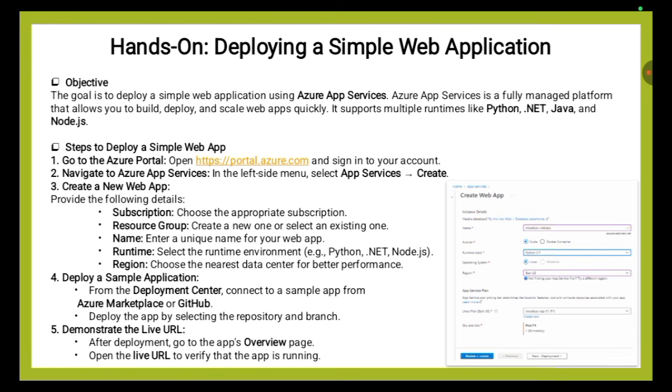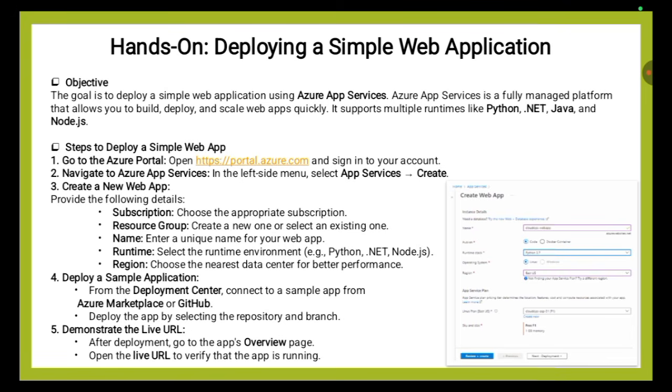The image shows the Create Web App page in the Azure portal. The form includes fields to specify the app's name, publishing method, runtime stack, and operating system. It also shows the selected region and app service plan details, which define the pricing tier and available resources.